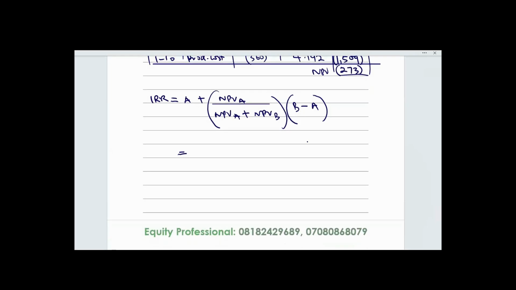So 17% is lower than 20%. So here will be 17 plus NPV of the 17, 232, over 232 plus NPV of the higher discount rate, 273, times higher discount rate of 20 minus lower discount rate of 17.